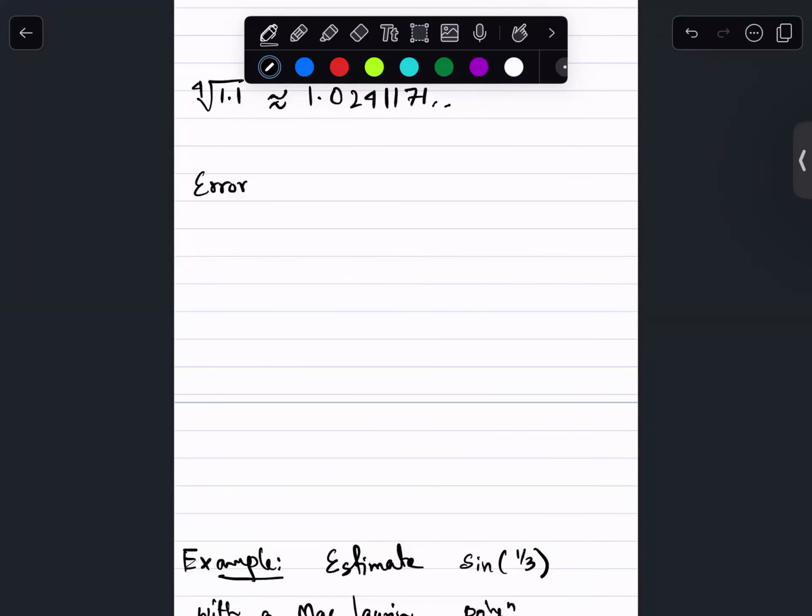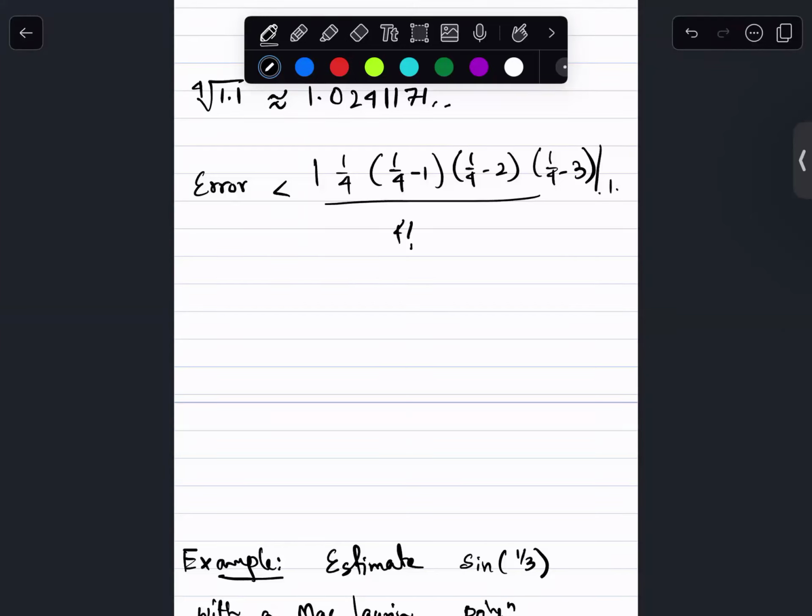Your error should be, by that formula, less than the modulus of 1/4 times (1/4 minus 1)(1/4 minus 2)(1/4 minus 3) over 4 factorial, times (1/10)^4.